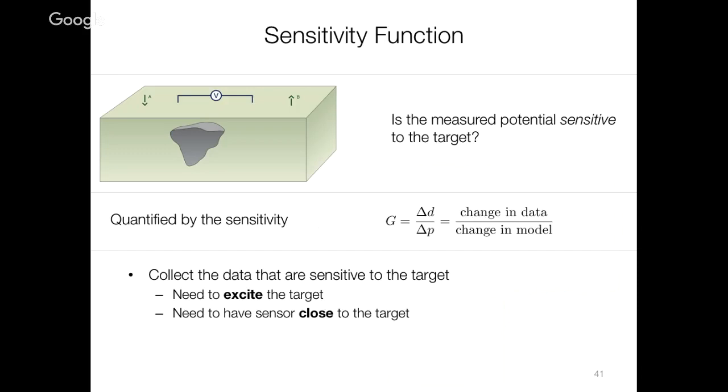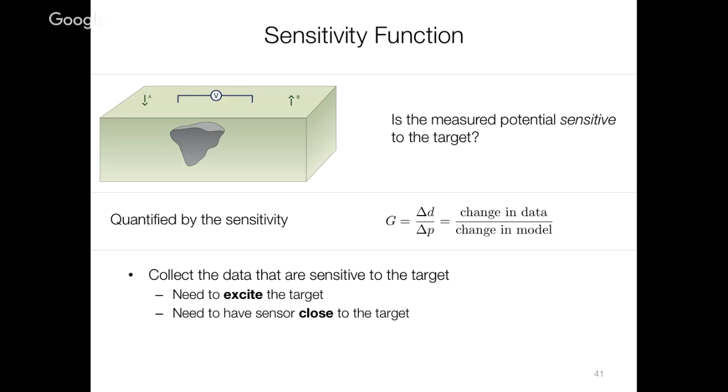It's how much the data changes when we change that parameter, as you said. So it's the change in the data by the change in the model. If it's big, then we know, okay, good data to take. I'm going to take that data.